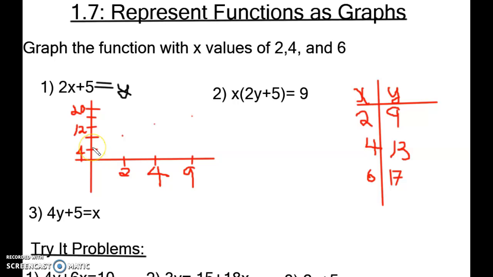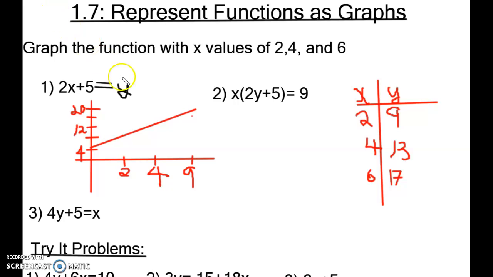So your graph would essentially look something like this. That would be a graph.